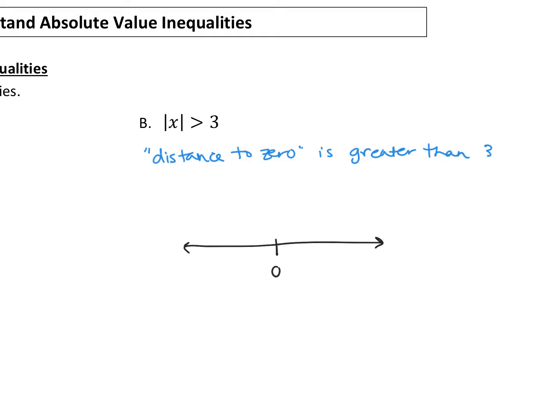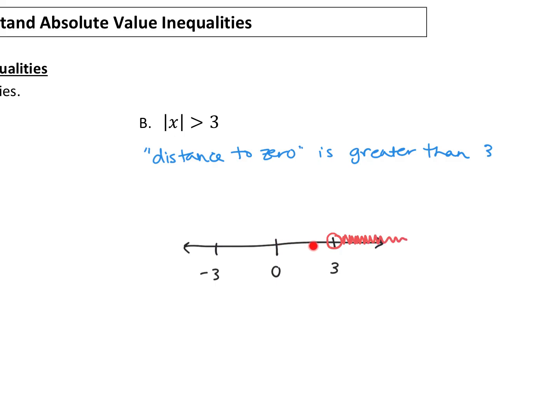If our distance is 3, I know I can go 3 to the right and 3 to the left. But we want the distance to be greater than 3. So from 0 to 3, that's a distance of 3. But I want distances bigger, so it could be a distance of 4, 5, 6, and so on and so on. So what that's going to look like is I'm going to put an open circle on 3 because we're not including it, and all of these distances that way.